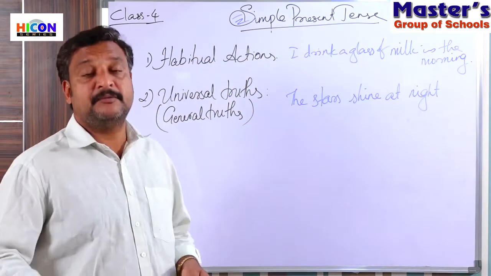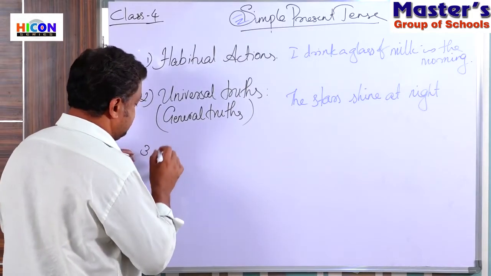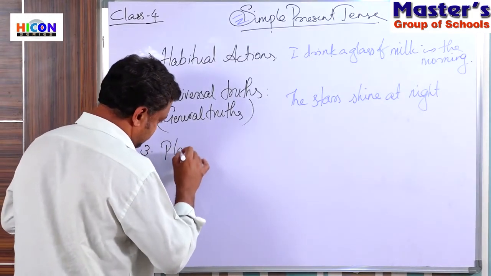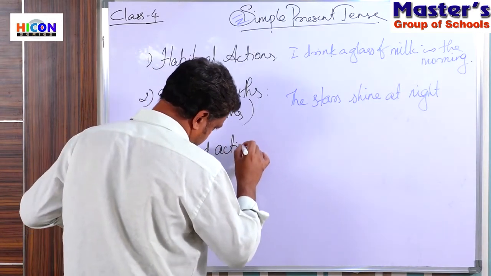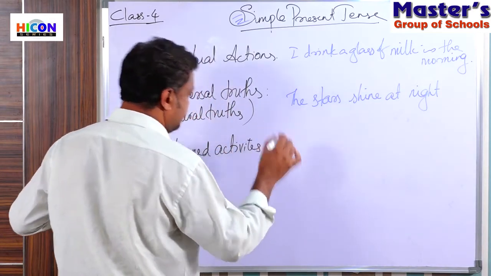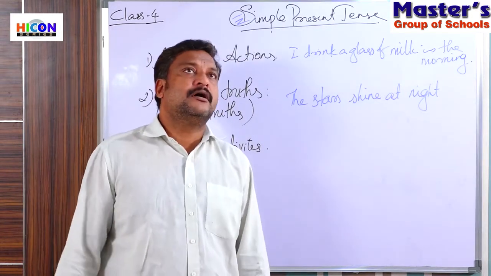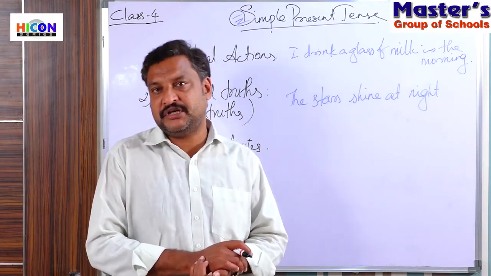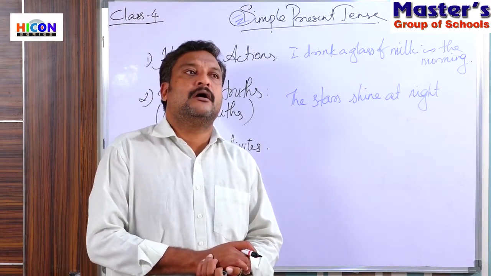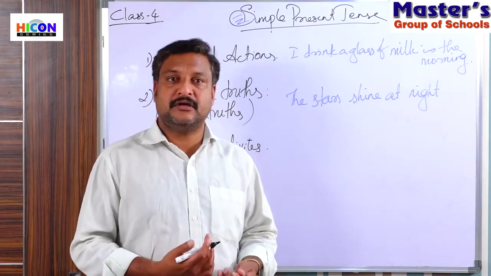We use simple present tense to express planned activities. For example, we have different celebrations at the school, like Sports Day, Children's Day or Republic Day celebrations.